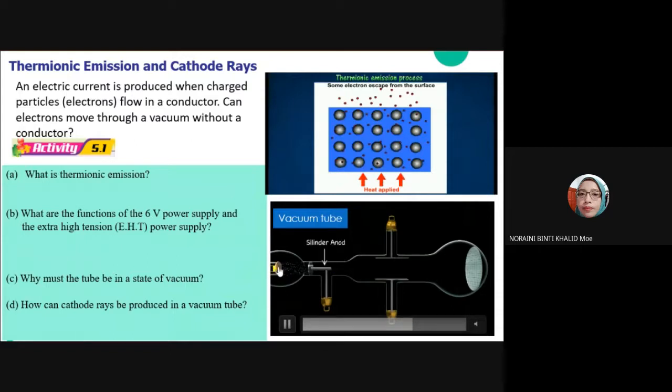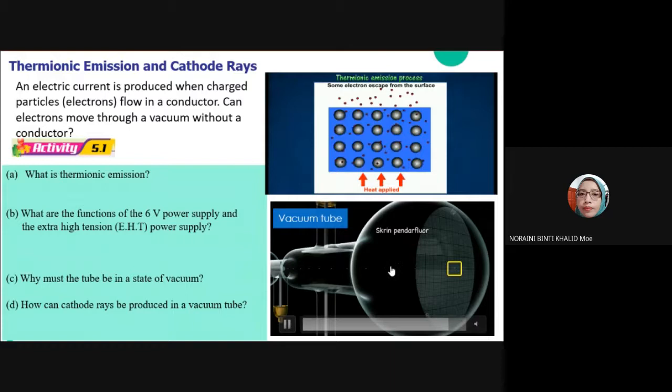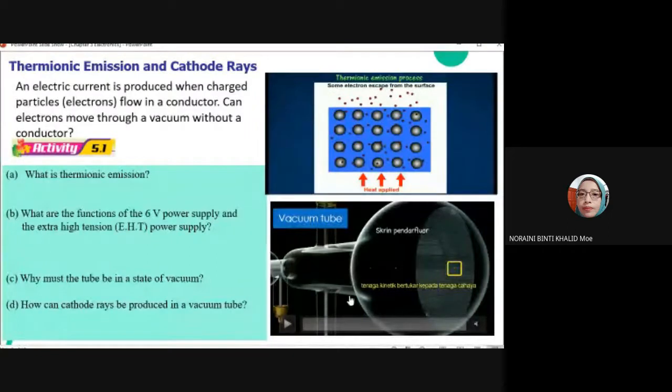Electrons are then accelerated towards anode and pass through a cylinder anode to produce a beam of electrons that travel at high speed. So this beam of electrons that travel at high speed, we call it cathode rays. Inside the tube here is vacuum. So cathode rays can travel in vacuum without conductor.